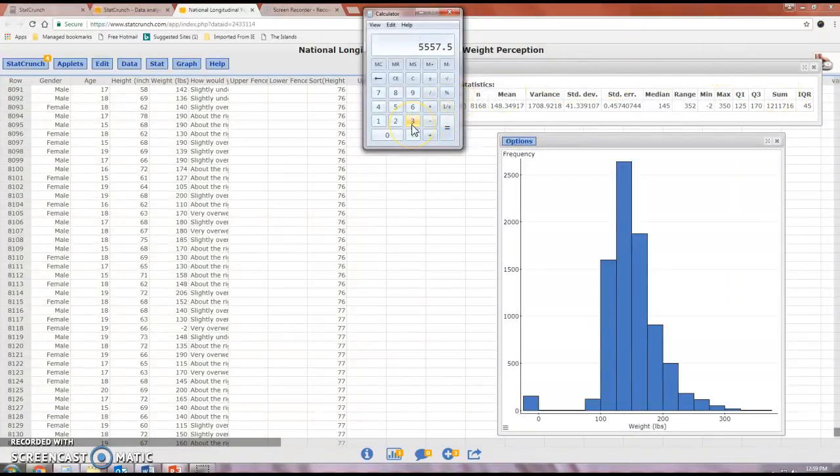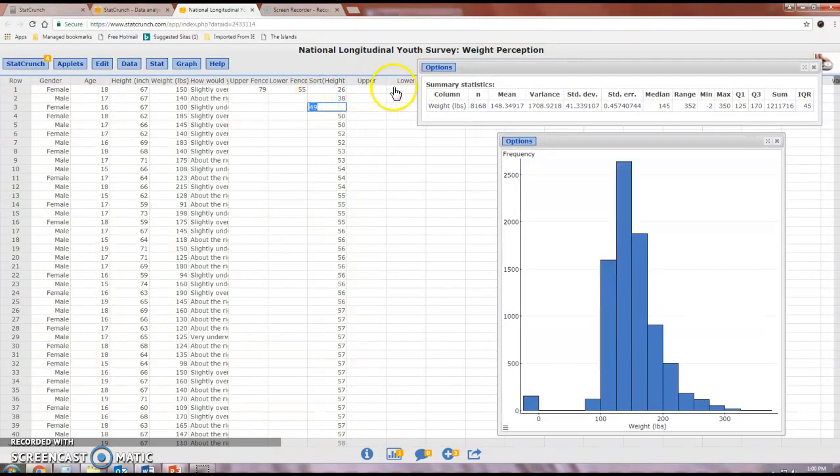No, I did that one wrong. It would have helped if I remembered it. 67.5, I'll take that away from 125. I know this is going to come out to be positive 57.5.